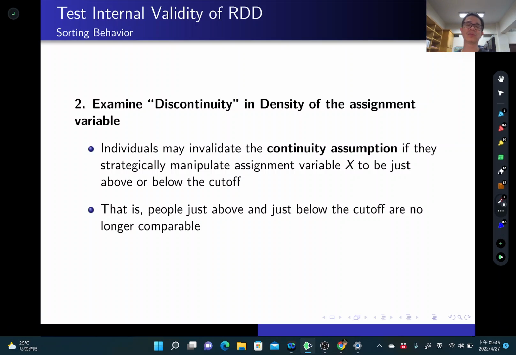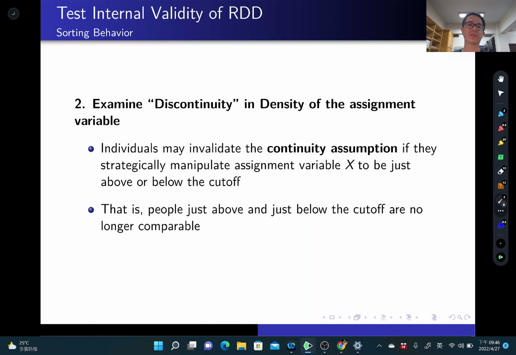And you also need to examine the discontinuity in density of the assignment variable to also make sure all the confounding factors, all the variables around the cutoff will be very similar.